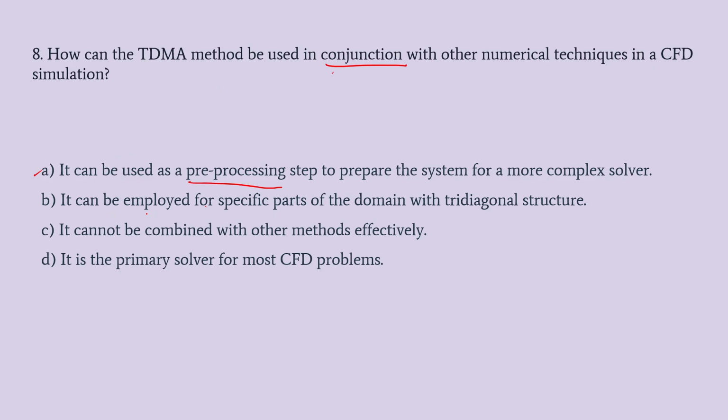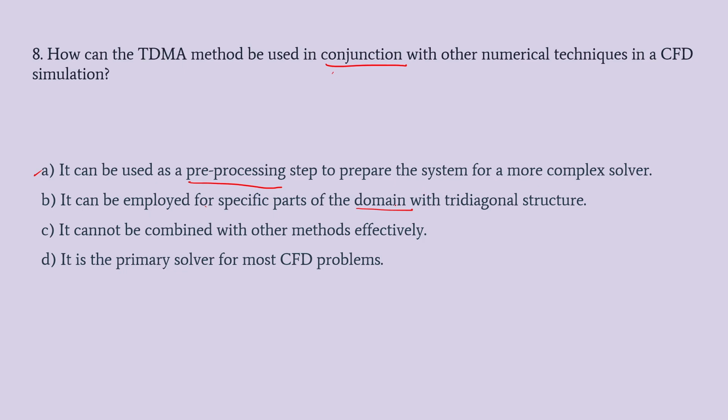Next one, it can be employed for specific parts of the domain with tridiagonal structure. Suppose we are having multiple parts, I mean, our computational domain or geometry is larger, and it has specific parts with different boundary conditions and all.